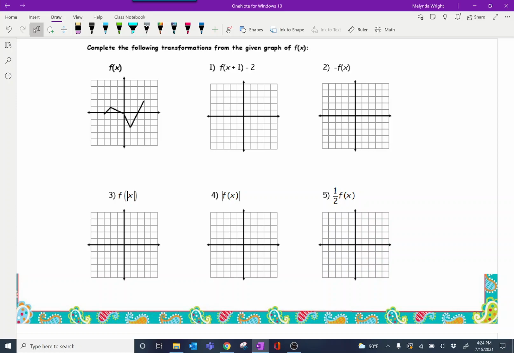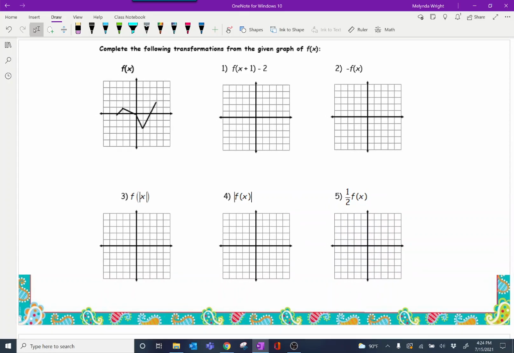You're just doing the transformations in your head. A second way would be to write down parent points, or the main important points from the graph, and then you transform the points. I have found over the years that is a safer way. Usually students that transform points are less likely to make mistakes, but it takes a little bit longer. So whichever technique you decide to do, that's totally your choice.